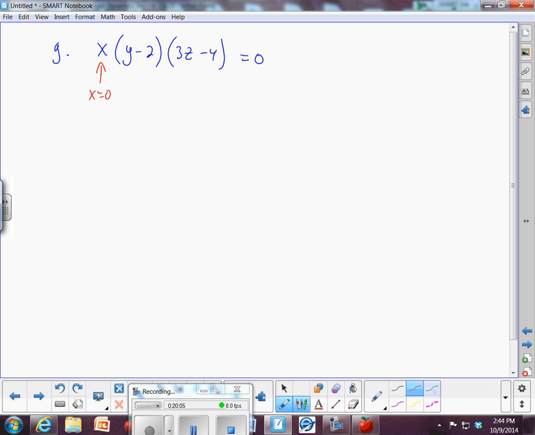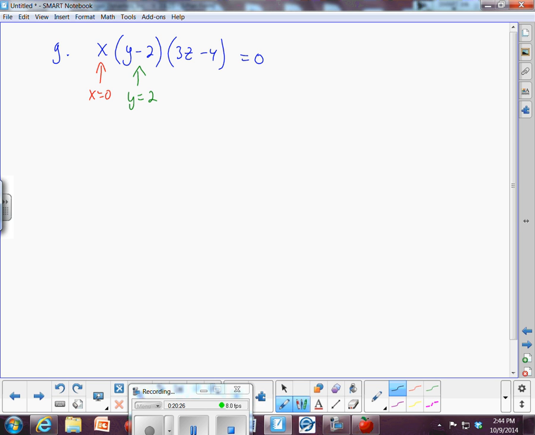All right? What about this second quantity? The y would have to be what to make this 0? And I hope you agree, 2. How would this work? Anything times 0 is 0, and 0 times anything is 0. And there we have, again, 0. And what about the third situation here?